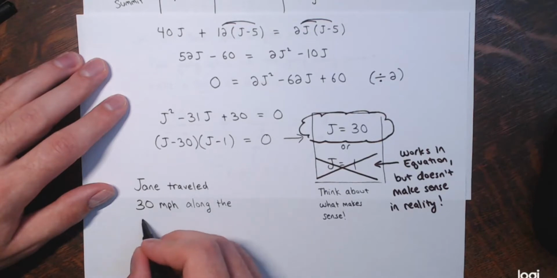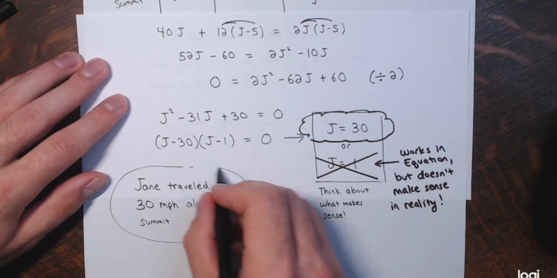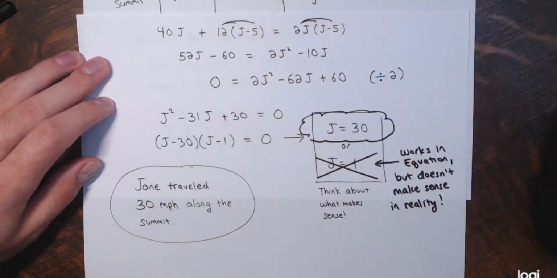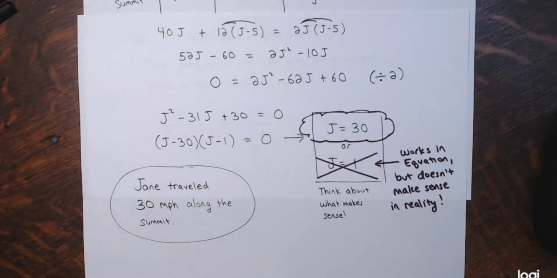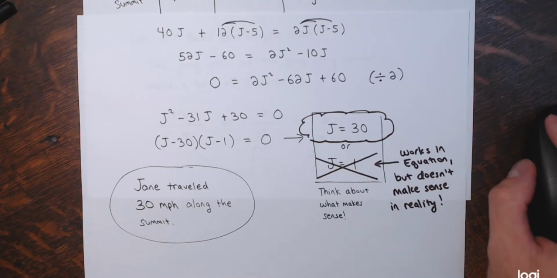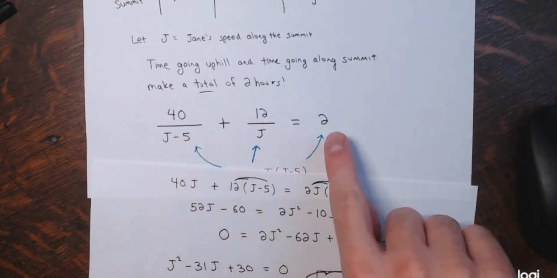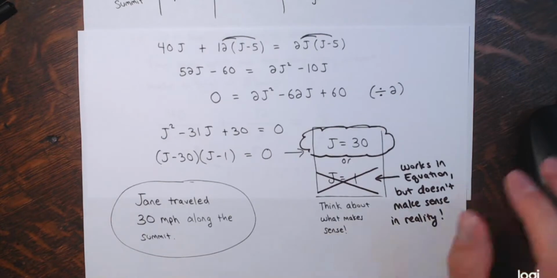Now if they asked what was her speed going uphill, remember that was just j minus 5, that'd be 25 miles an hour. So again, focus on the questions at hand, and they may ask you other questions, but just pay attention. All right, so that was a little trickier because you had to do a little more thinking at the end, but still the same concept, right? You're eventually setting up some sort of rational equation here with our information.